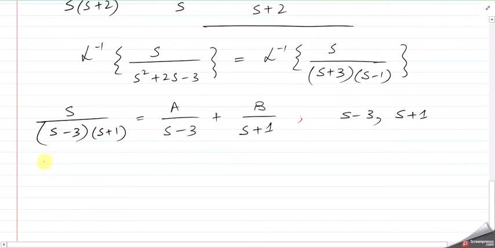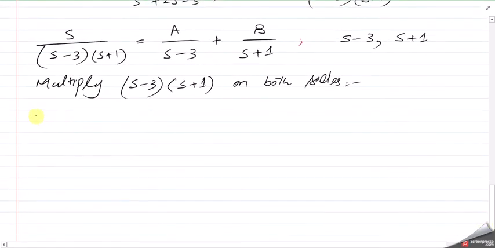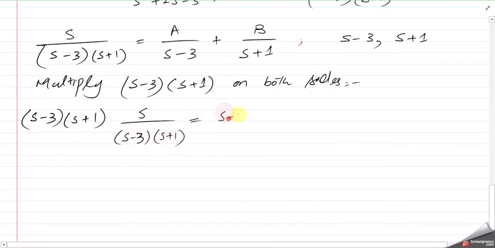Now we multiply on both sides by s minus 3, s plus 1. So what do we get?